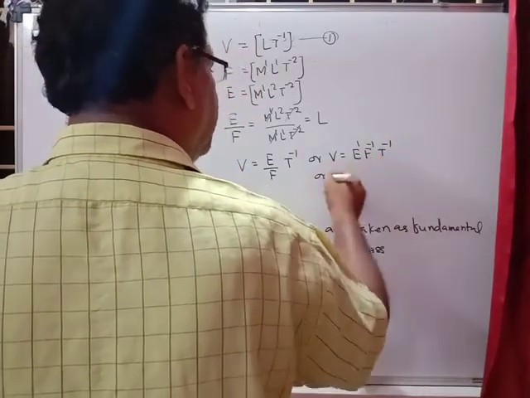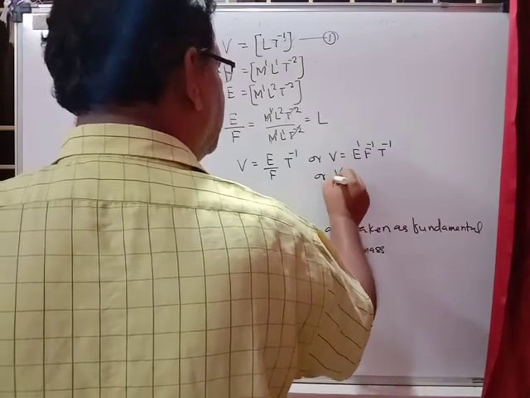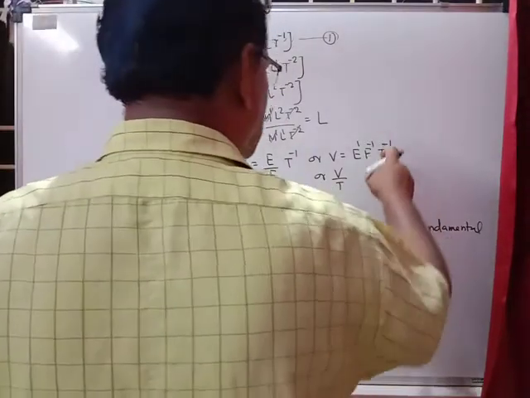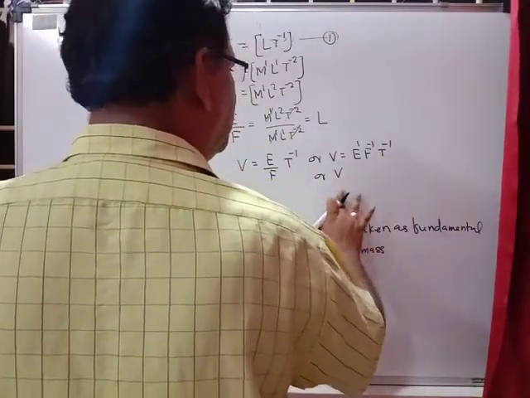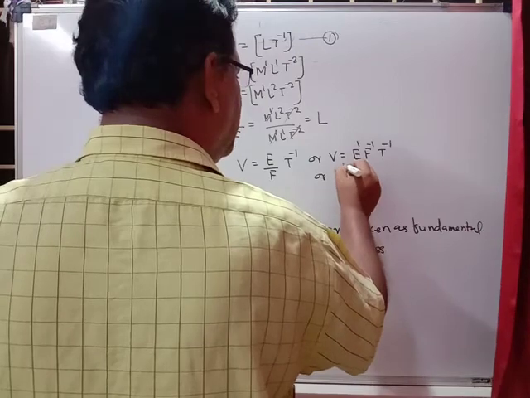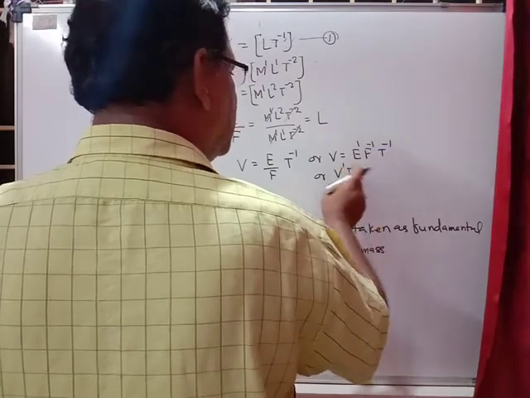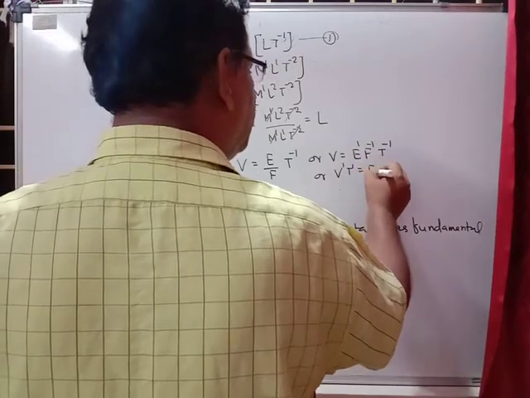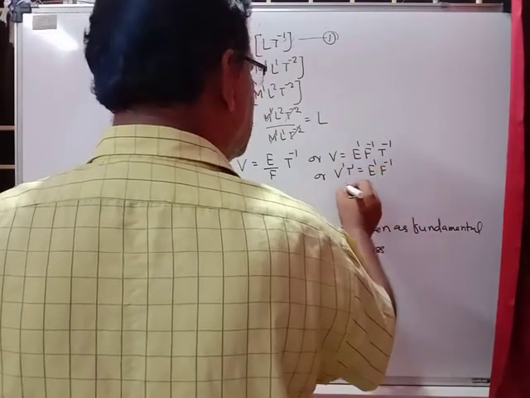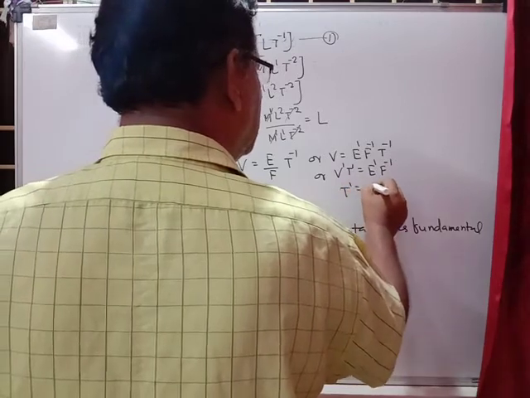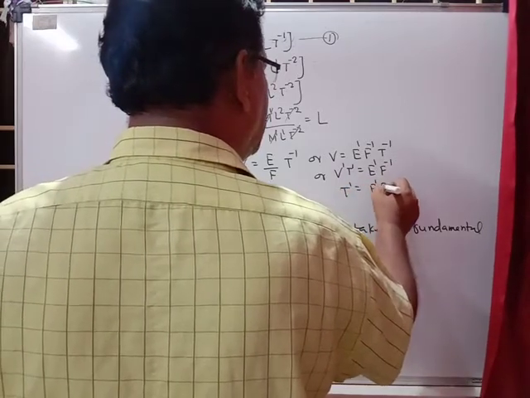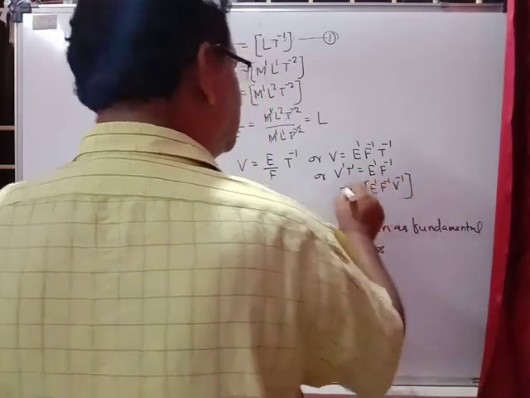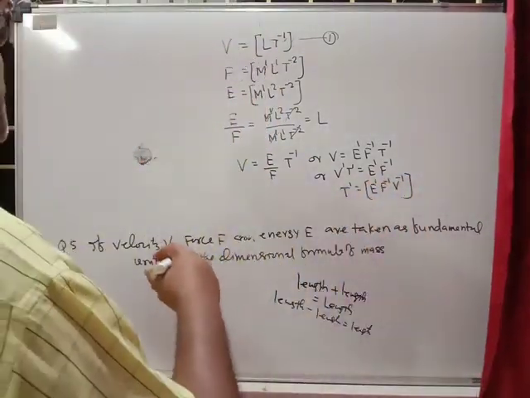If you bring the T here, V into T is equal to E^1 F^-1, since T^1 cancels. So T equals E^1 F^-1 V^-1. That is the dimensional formula of T, and this is the dimensional formula of L.